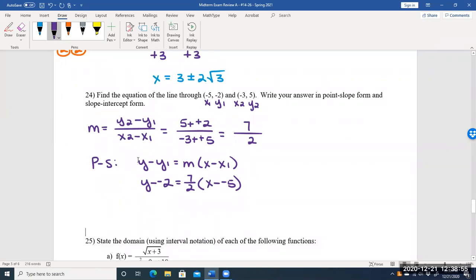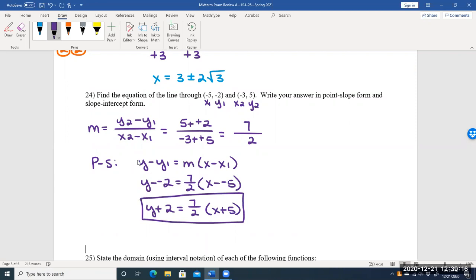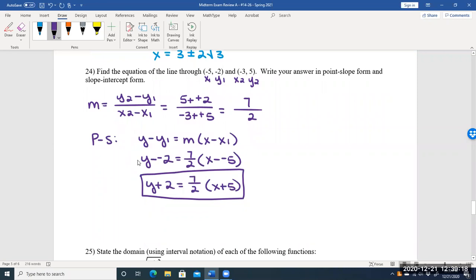You'll get the same slope-intercept form no matter which point you use. I went ahead and just used the first point, but either point is fine. And so when we simplify that a little bit, we get y plus 2 equals 7/2 times the quantity x plus 5. So that is known as point slope form.